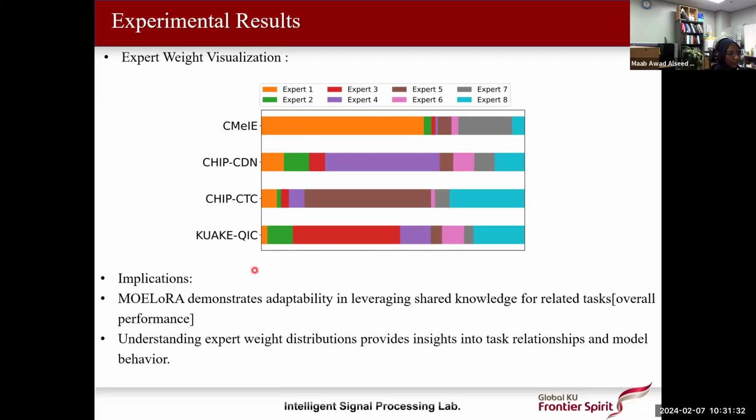And some tasks have some experts that contribute a large amount compared to the others in a specific task. For example here, expert 5 and expert 3 gain a lot of parameter contribution for these tasks.